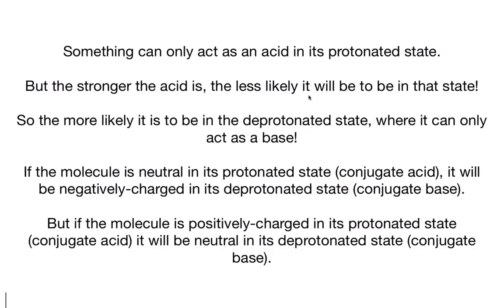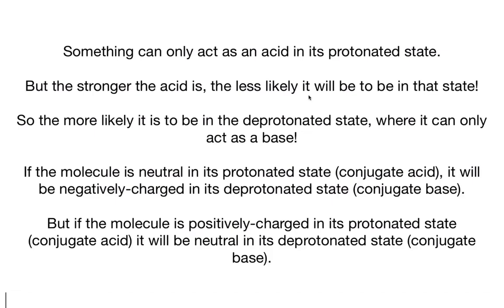So we can't simply look at charge to tell us whether something is an acid or a base. Some acids are neutral in their protonated state and some are positively charged, but they're always going to be one charge less in their deprotonated state, and that could be neutral or negatively charged.